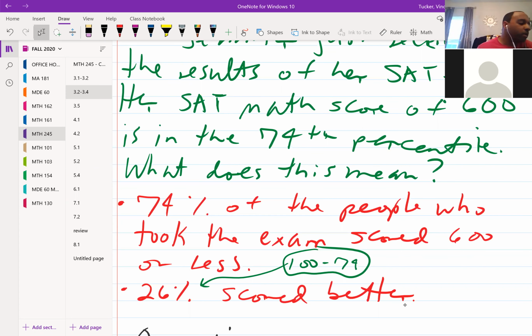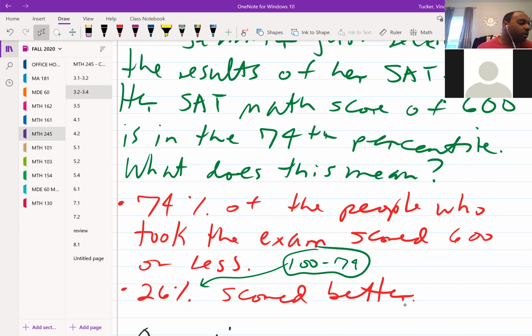All right, any questions? All right, quartiles. Quartiles divide the data set into fourths.